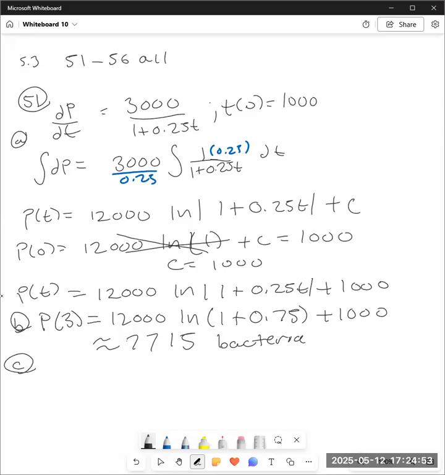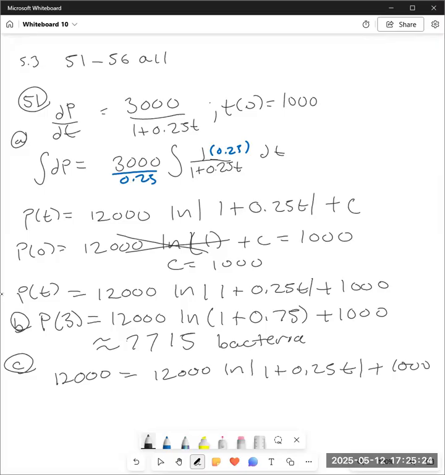And the question is how much time has to pass for there to be 12,000 bacteria in the population. So 12,000 is equal to 12,000 ln absolute value of 1 plus 0.25t, plus 1,000.